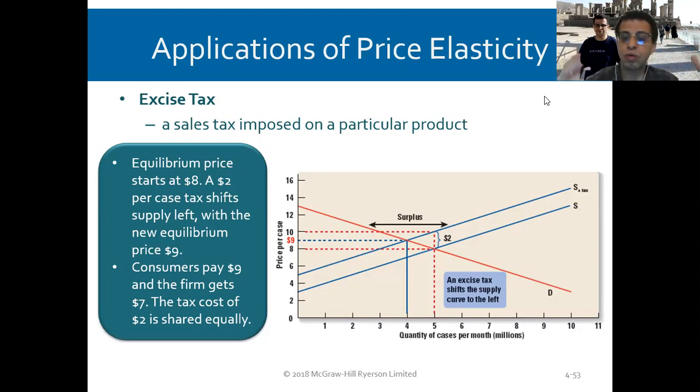So the new equilibrium will be 8 plus 2, which is $10, because you're putting $2 on the taxes, so it becomes 10. And when it's 10, the price is really high, demand shifts in, and the supply shifts out. They try to balance each other. So in the bottom line, the total price becomes $10, but you, as a supplier, are passing on to the consumer $1 to carry.